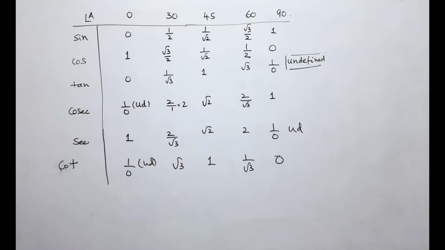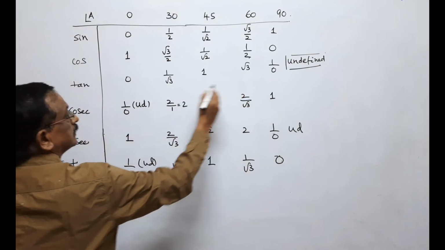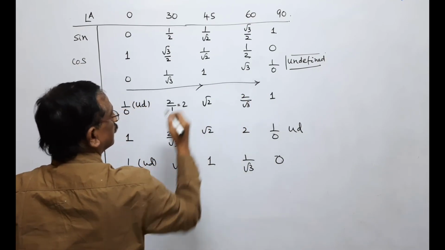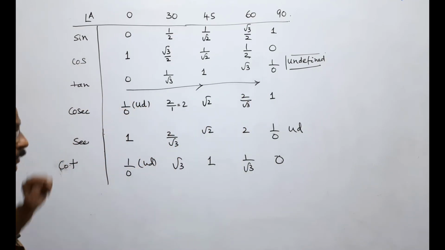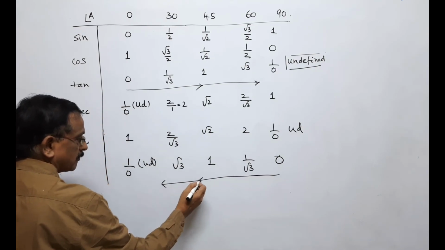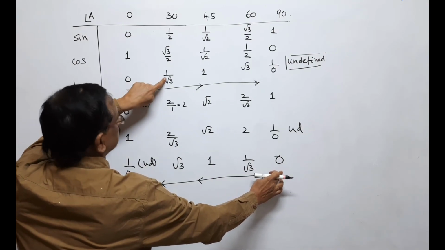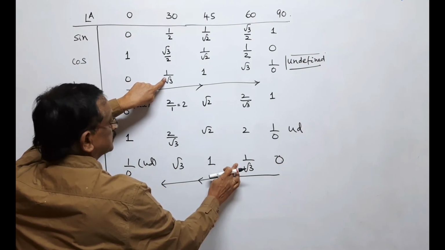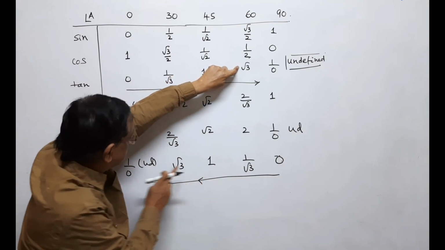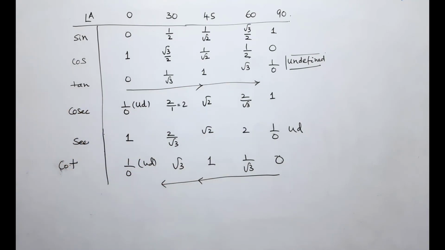Again, if you observe, this will be reversed. Look at this. If you go like this, for tan, cot will be reversed. Tan 0 and cot 90, tan 30 and cot 60, tan 45 and cot 45, tan 60 and cot 30, tan 90 and cot 0.